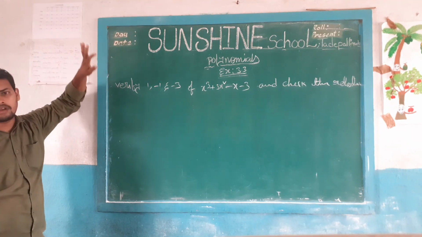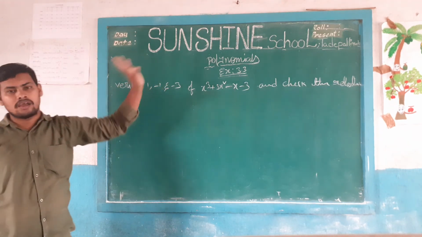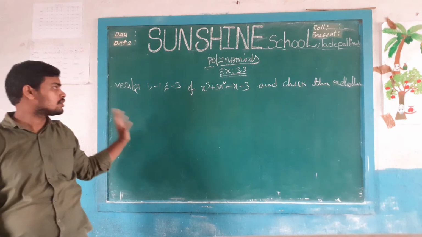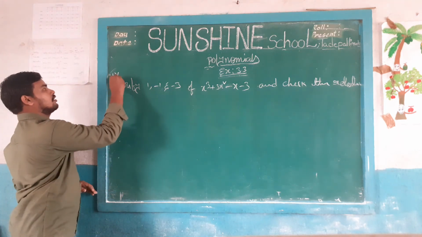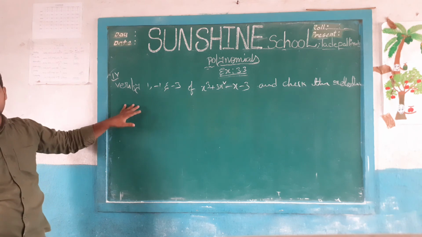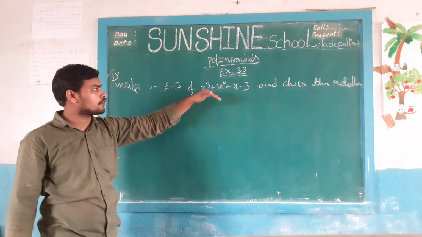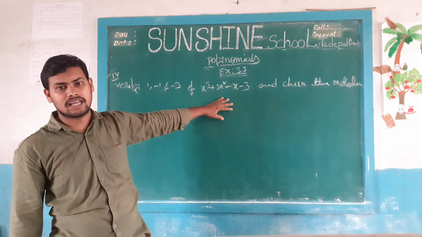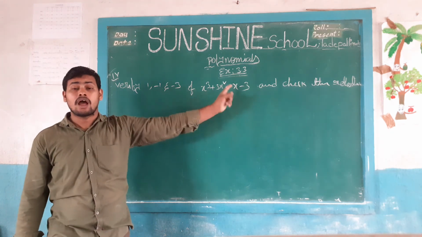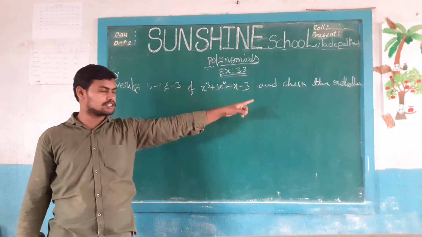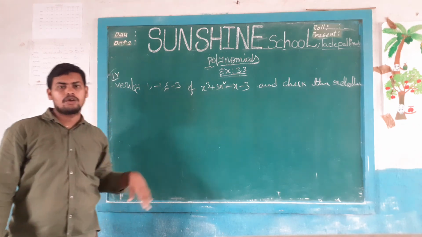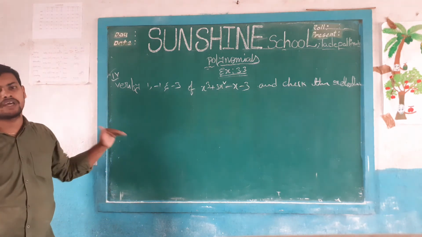Okay. So the last and final problem of exercise 3.3, that is the fourth sum. Verify that 1, minus 1 and minus 3 are the zeros of the cubic polynomial x cube plus 3x square minus x minus 3, and also verify the relationship between the zeros and the coefficients. So first you should verify.